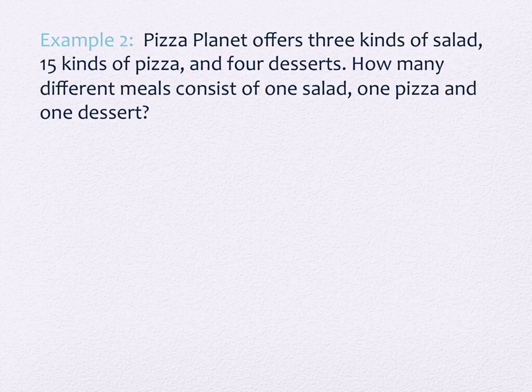Pizza Planet offers 3 kinds of salad, 15 kinds of pizza, and 4 desserts. How many different meals consisting of 1 salad, 1 pizza, and 1 dessert can you create? Well, these are the capital M's and N's that we were talking about on the previous slide. So in how many ways can you have a salad? 3. And a pizza? 15.